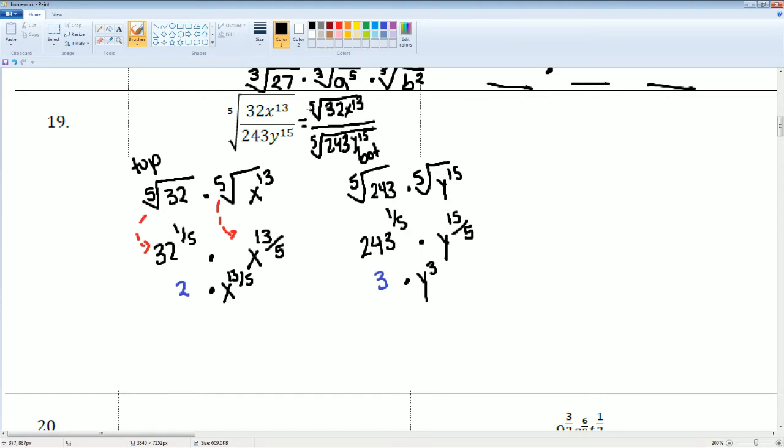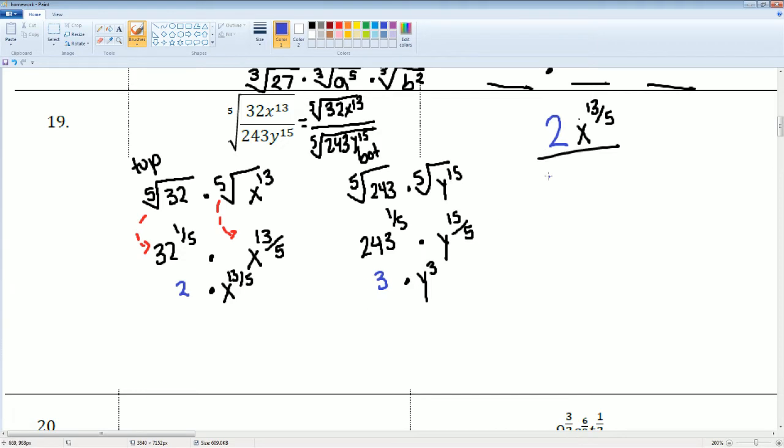So let me just write the top part in blue for you. 2 times x 13 over, that's ugly. Let me write it a little bit bigger. So it was 2x 13 over 5 divided by the bottom number.